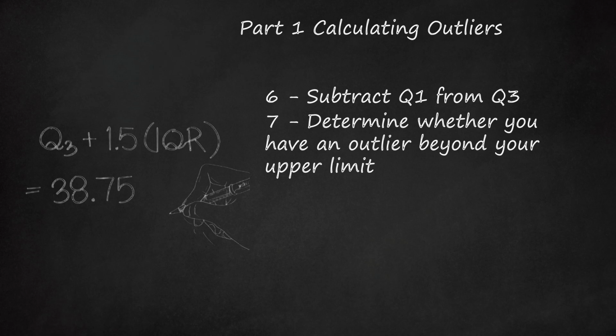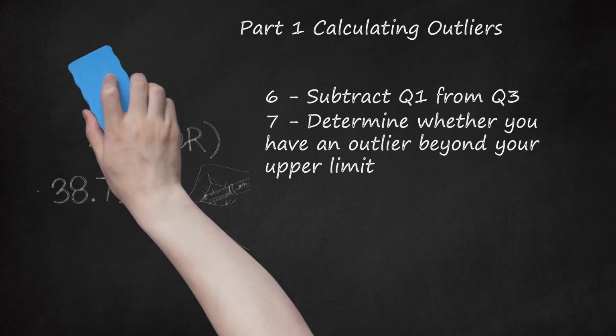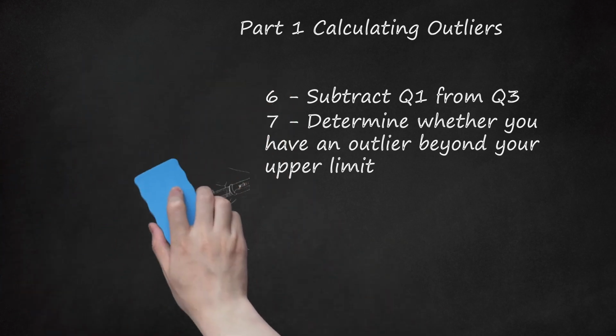Q3 plus 1.5 IQR. 35 plus 1.5 times 2.5. 35 plus 3.75 is equal to 38.75. 38.75 is your upper limit. Any number higher than 38.75 is an outlier. In the sunflower data set, no number is higher than the upper limit.